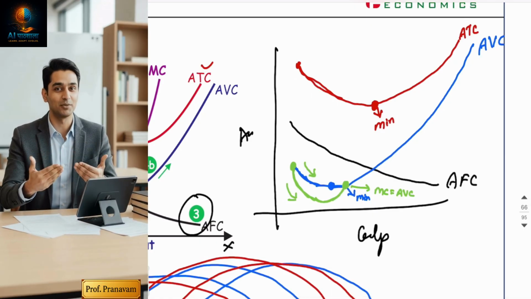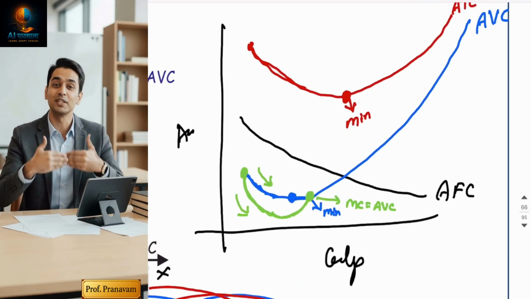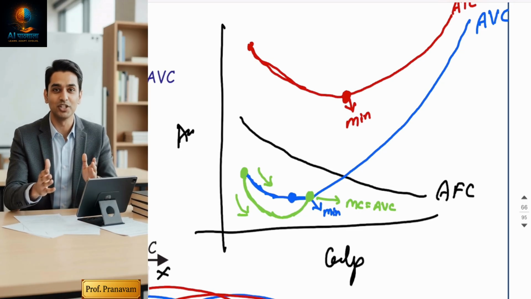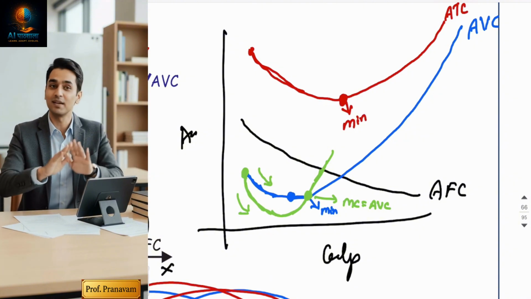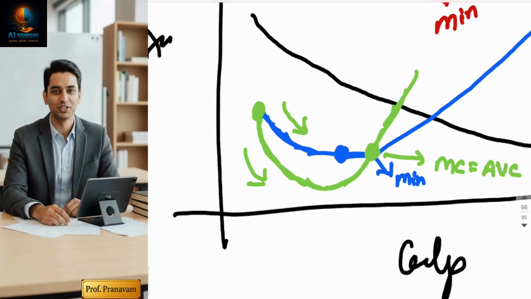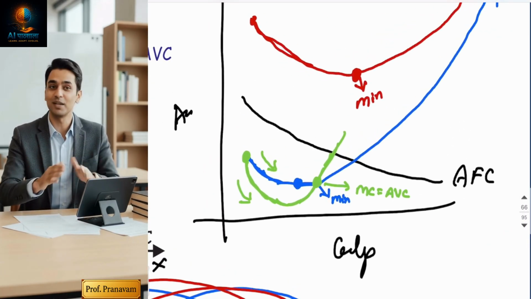Further, as more and more output is produced, my average variable cost starts increasing. Marginal cost has already started increasing. Marginal cost will become greater than average variable cost. See, earlier my green curve was below my blue curve. Now my green curve is above my blue curve, and it will remain so.